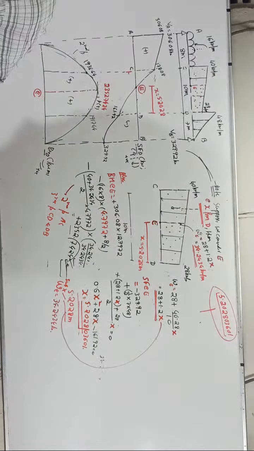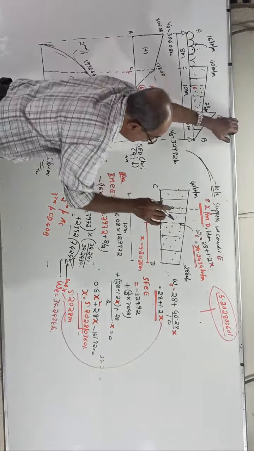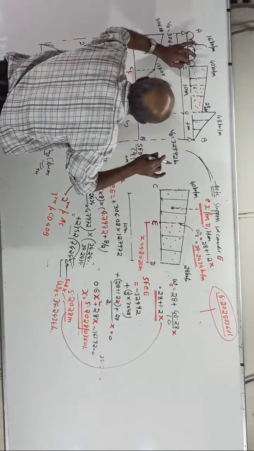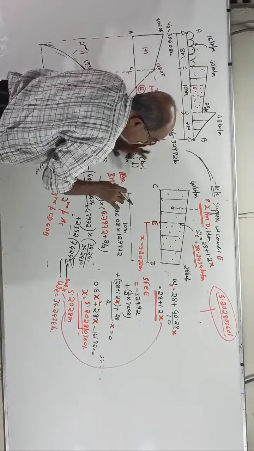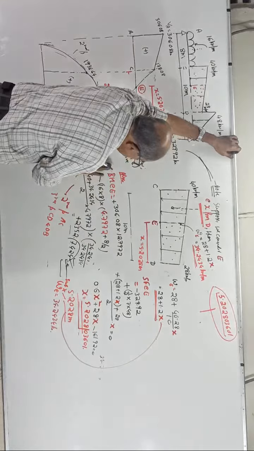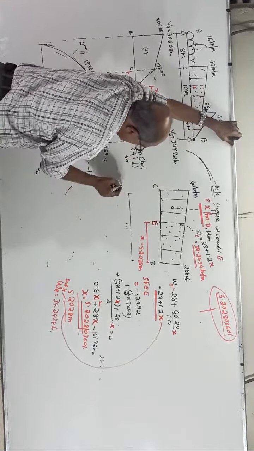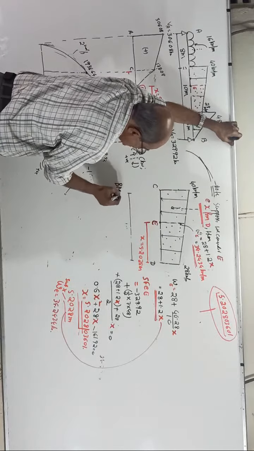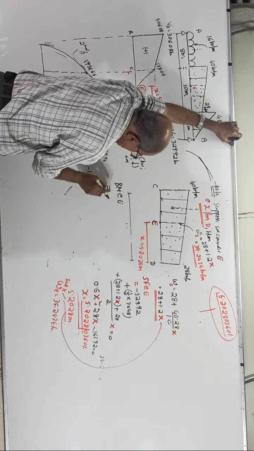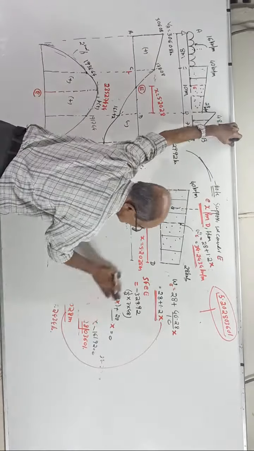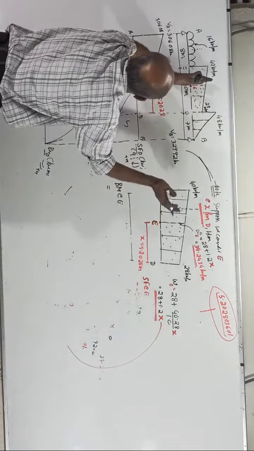Last for this class is BM at A, BM at C, BM at D, BM at B, no change. The last part of today is BM at E. Okay, start. Lastly, everything same. So BM at E, this time little change. Why change? Okay, change because look this side. Start.